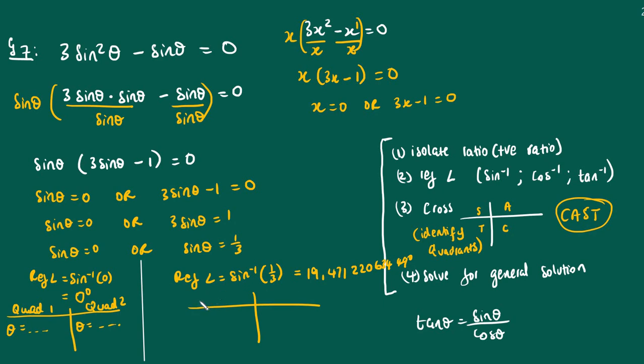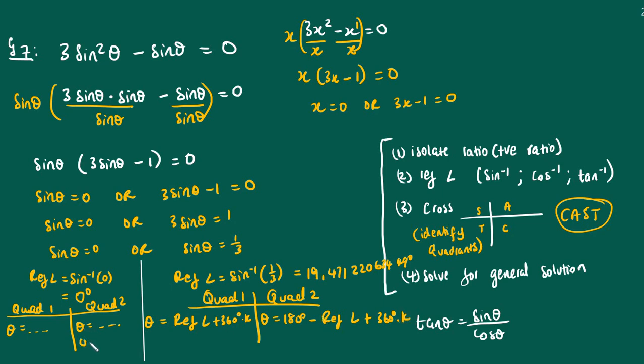And then this side, same thing. Where is sine positive? That will be quadrant 1 and then quadrant 2. Just remember that quadrant 1 is the reference angle plus 360 degrees times k. Just remember that quadrant 2 is 180 degrees minus the reference angle plus 360 degrees times k.